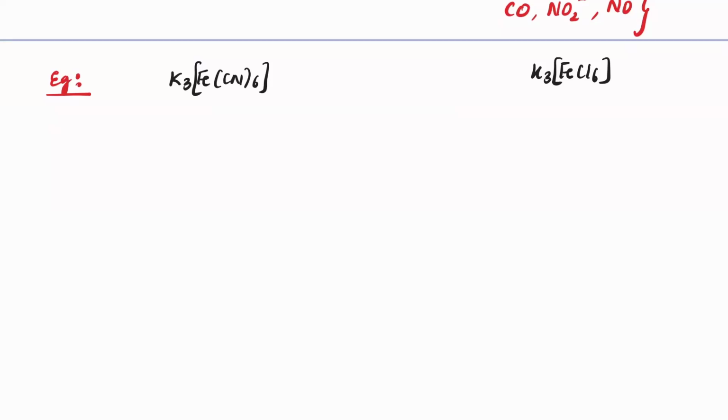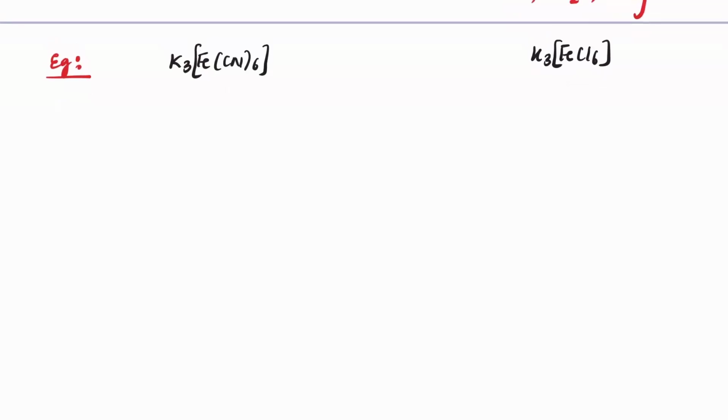Here, in the first case, you always identify the primary valency. The primary valency in this case is +3. Secondary valency in this case is 6. Same is the case here. Primary valency is +3. Secondary valency is 6.